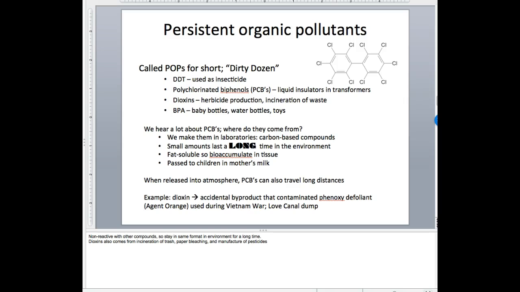For example, many of you have heard about Agent Orange, which was a defoliant used during the Vietnam War and also stored in Love Canal. There was an accidental byproduct that contaminated Agent Orange. It wasn't the Agent Orange itself, although that's not a great chemical either. But somehow in the manufacturing process, much of the Agent Orange used during the Vietnam War was contaminated by a dioxin.